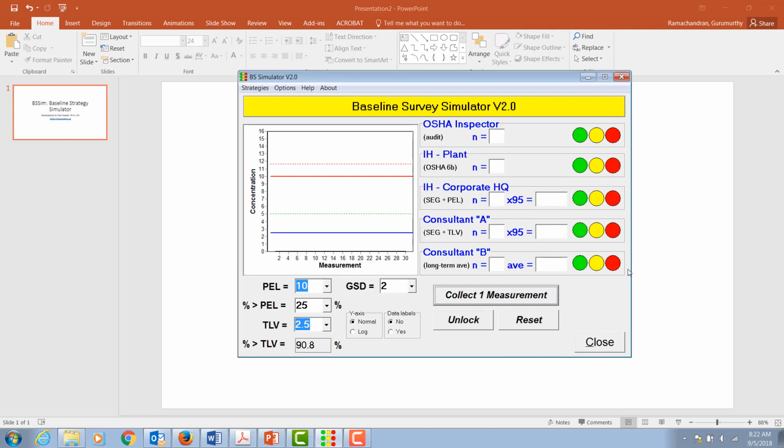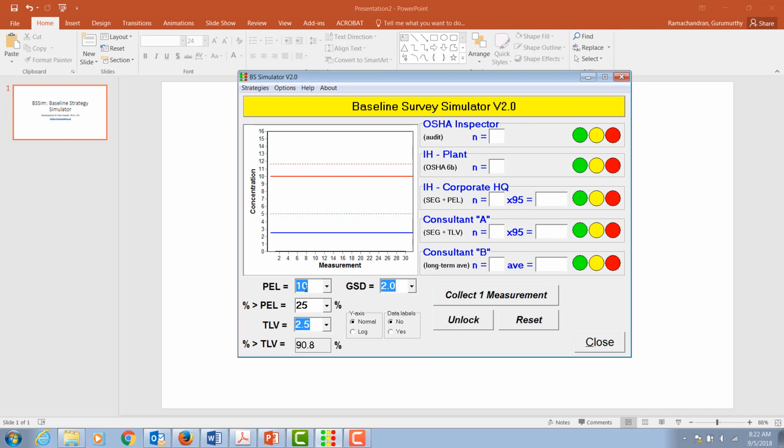So now, having described the different strategies, let me just describe the screen here. What we are going to do is set the parameters of some hypothetical distribution of exposures in an SEG. So we'll assume that the geometric standard deviation GSD is set to be 2, although we have options to change it.